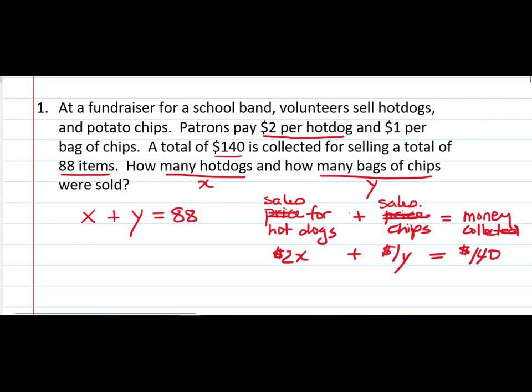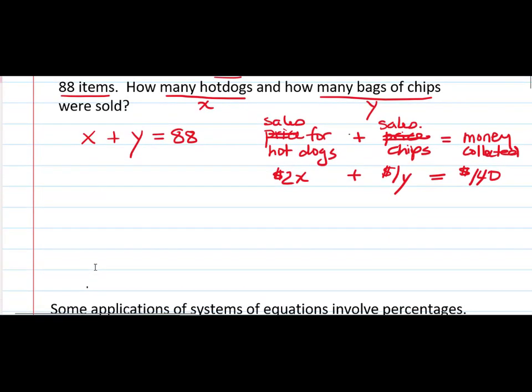So that's our second relationship between X and Y. When you take the two relationships and put them together, you have a system. You have that both X plus Y equals 88 and 2X plus 1Y, or just 2X plus Y, equals 140.